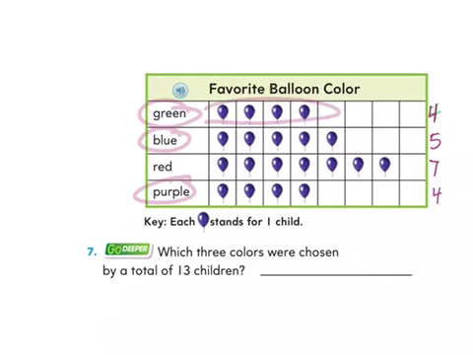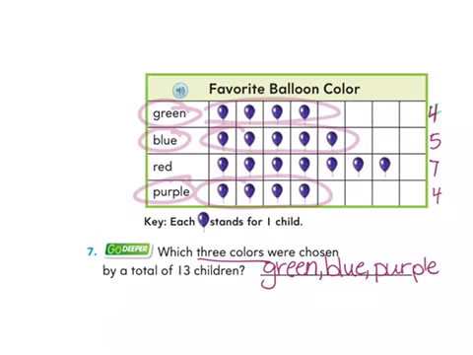The kids that voted for purple, blue, or green add up to a total of 13 children. So that's my answer. Which 3 colors? It was green, blue, and purple.